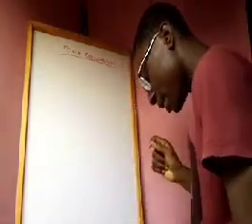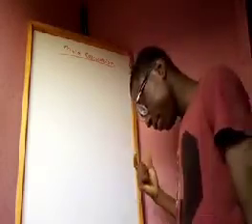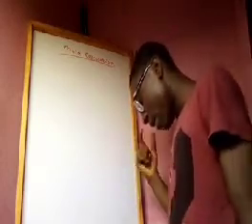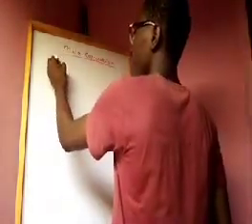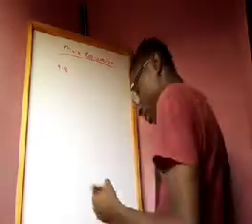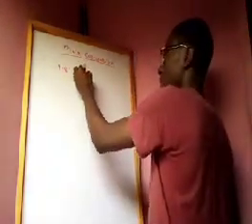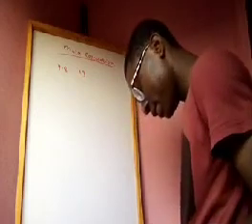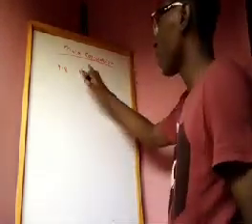Now, our first question: calculate the simplest formula of a compound which has the composition magnesium 9.8%. So that's 9.8% of magnesium. Then we have 13% of sulfur, right?